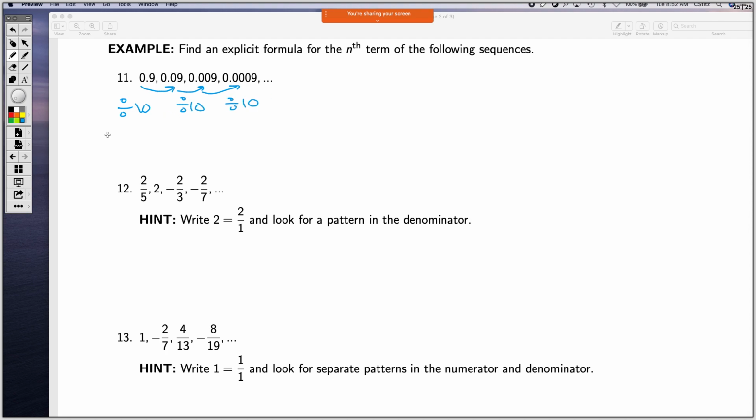And dividing by 10 is the same as multiplying by what? 1/10. Or since we're in decimal land, 1/10 is 0.1. So it appears to be geometric.